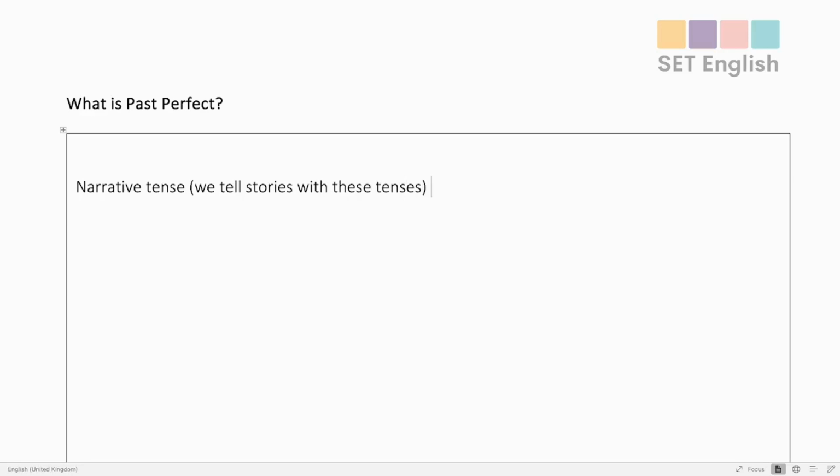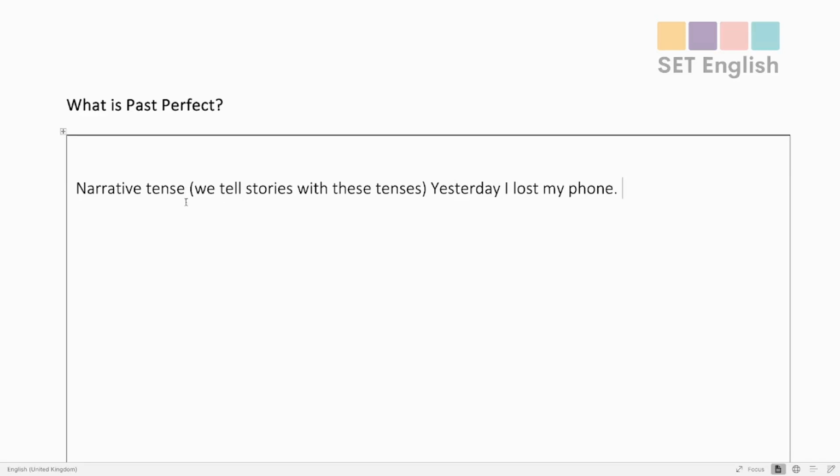Past simple, past continuous, past perfect continuous. Okay, we tell stories. That's what narratives are. Now, they're not always very interesting stories. For instance, yesterday I lost my phone. Okay, that's not a very interesting story, but it is a story.